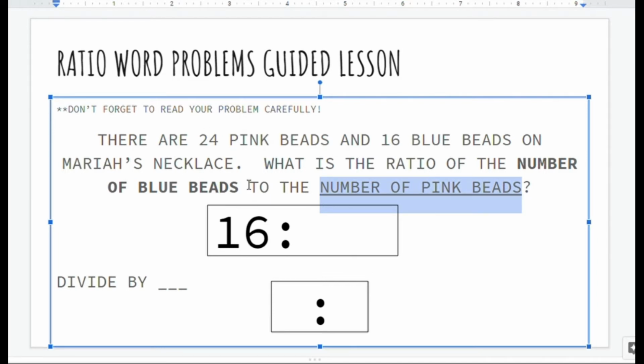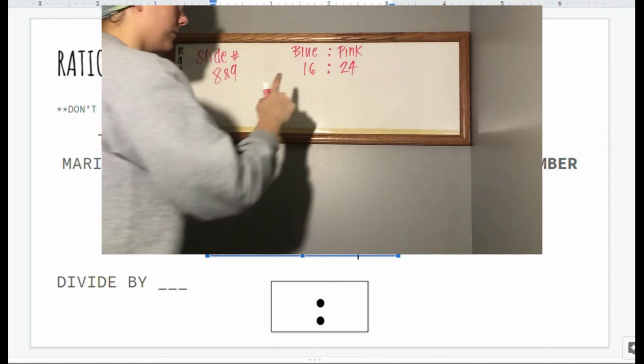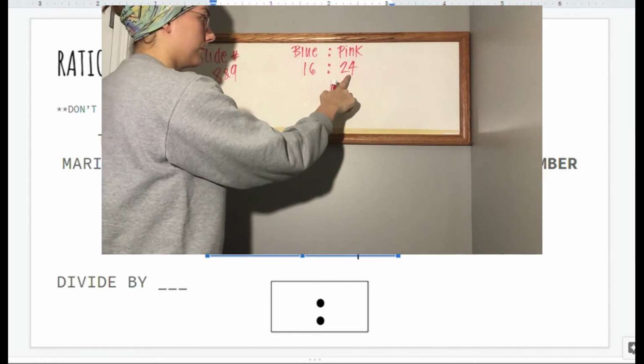So going back to my problem, how many pink beads are there? Oh, there's 24. So on the other side of my colon is going to be the number 24. So the ratio of blue beads to pink beads is 16 to 24.